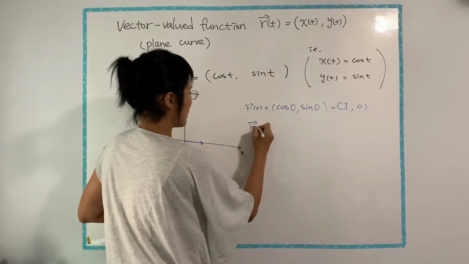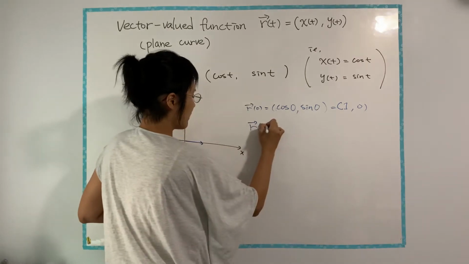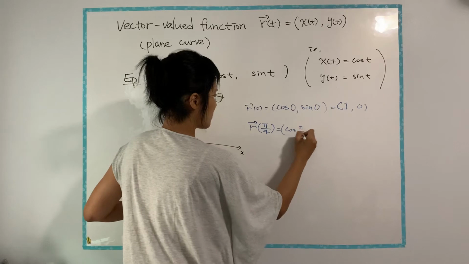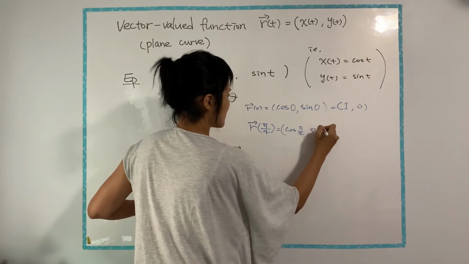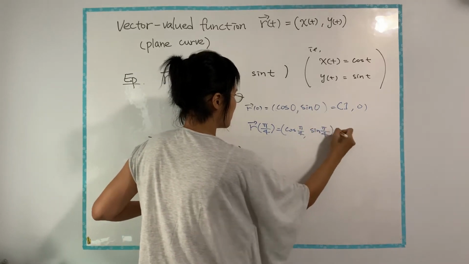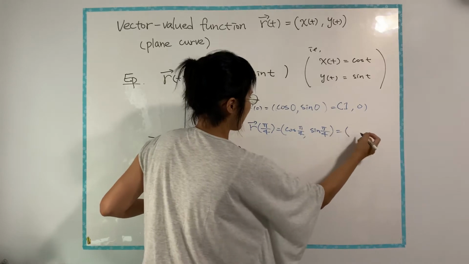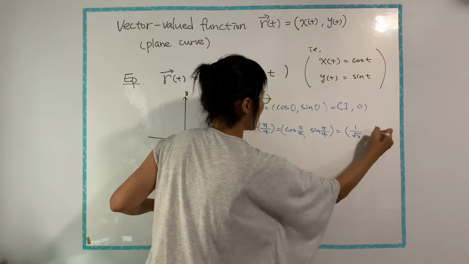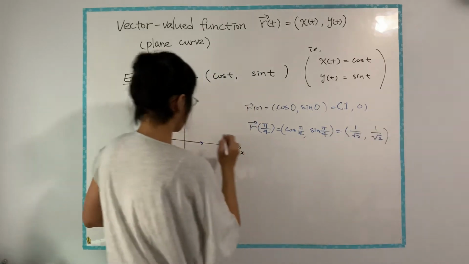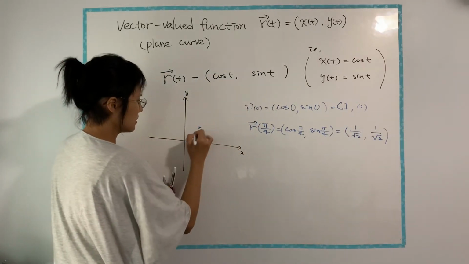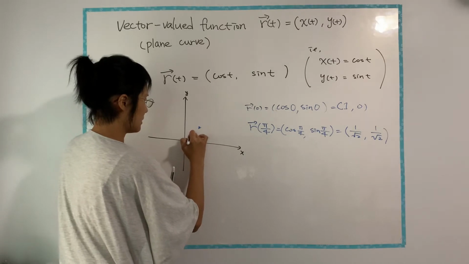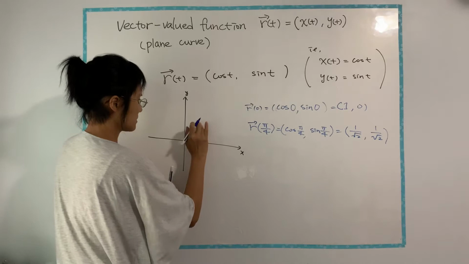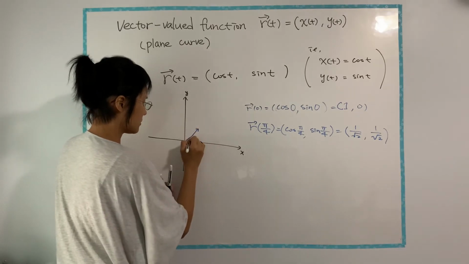And r of pi over 4 is cosine pi over 4, sine pi over 4, and that is 1 over root 2, 1 over root 2. It's the vector of length 1 at angle pi over 4.